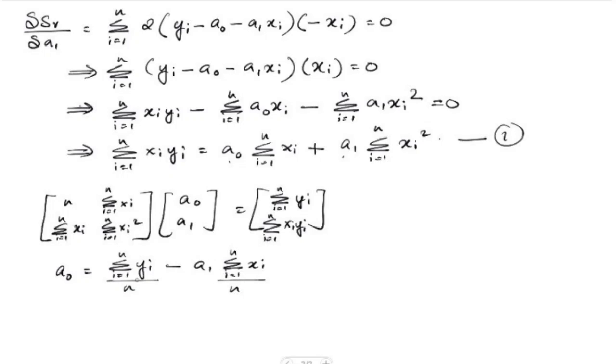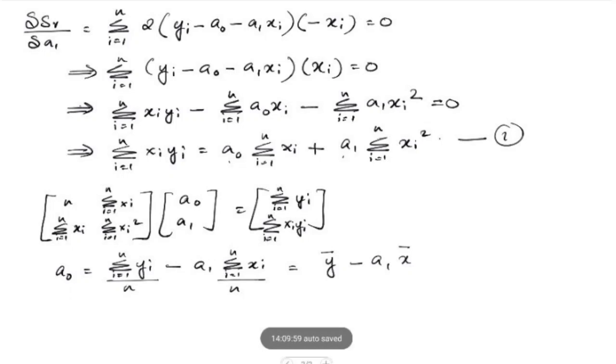And you know that the summation of yi divided by n is the average of y, and the summation of xi divided by n is the average of x, so we can say a0 equals the average of y minus a1 times the average of x.